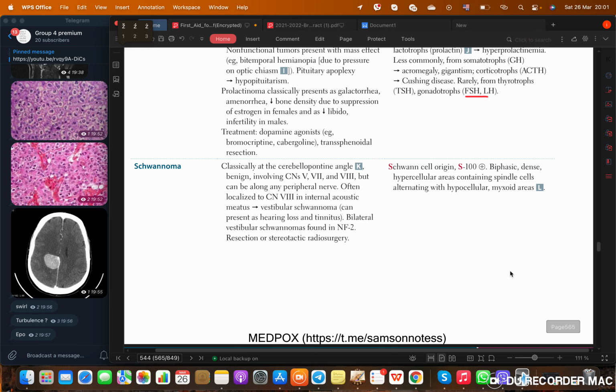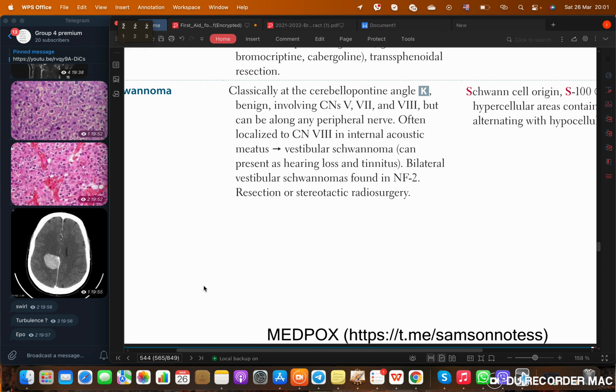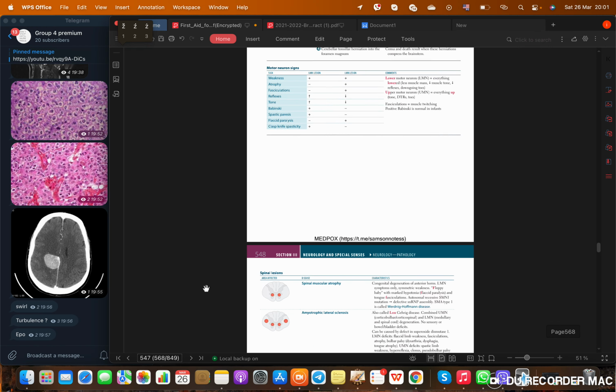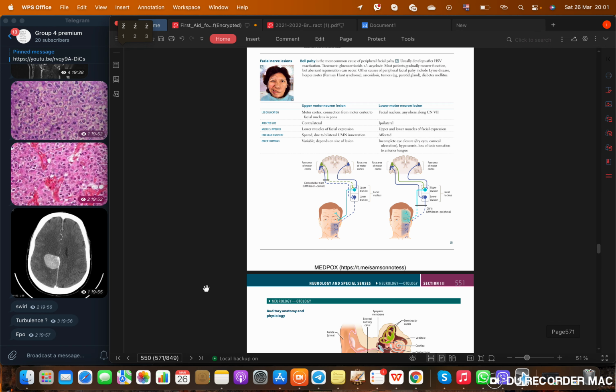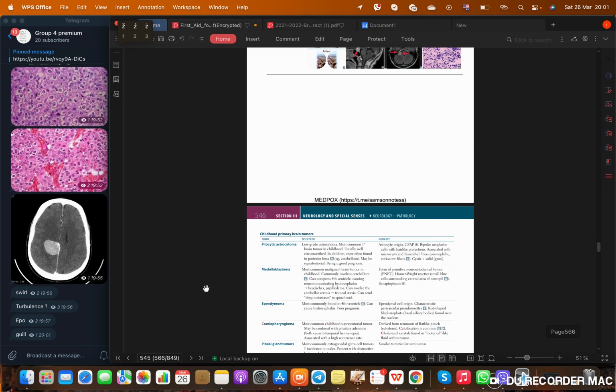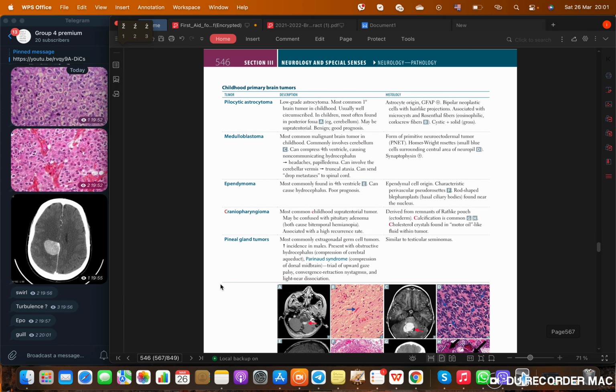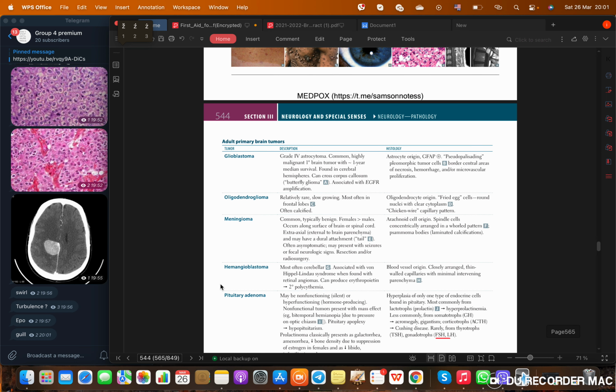The next thing is about schwannomas. In which disease did we speak about schwannomas? Come on. Where did we speak about schwannoma?